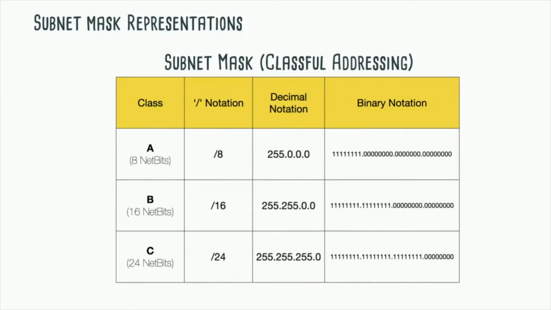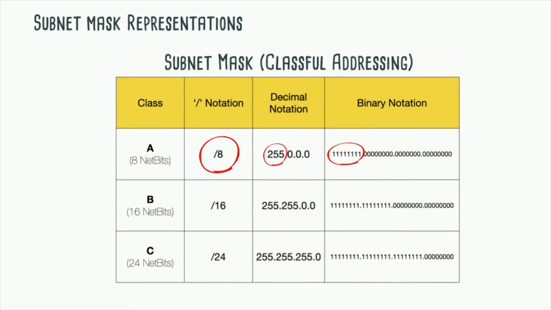We only convert the mask from decimal to binary when some calculation is required. For example, to find the network address we need to perform the AND operation with the addresses in binary format. First, let's take a look at the /8 mask. /8 means the first 8 bits of the address are used as the network bits. Translating this to binary notation, all the bits in the first octet are set to 1.